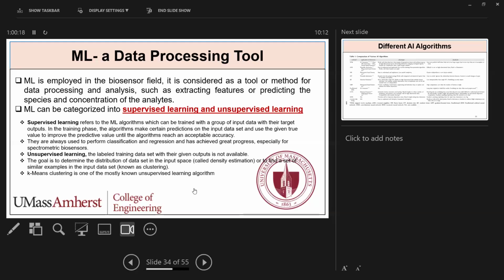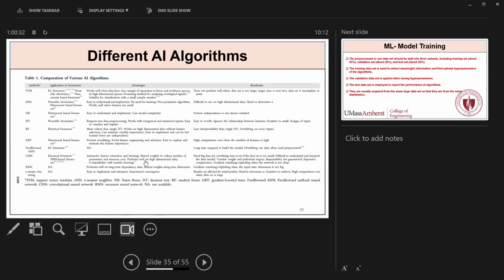It's mainly based on the training of that particular model: whether you train with a group of input data with target outputs, which is supervised learning, or with no given outputs available, which is unsupervised learning. And one more thing: whatever machine learning algorithm we write or develop depends on the input, on however we train the model, right?